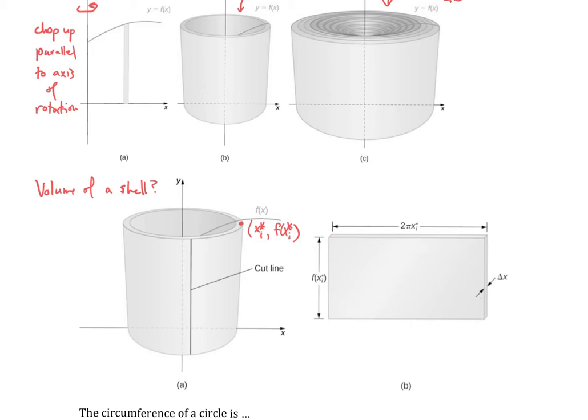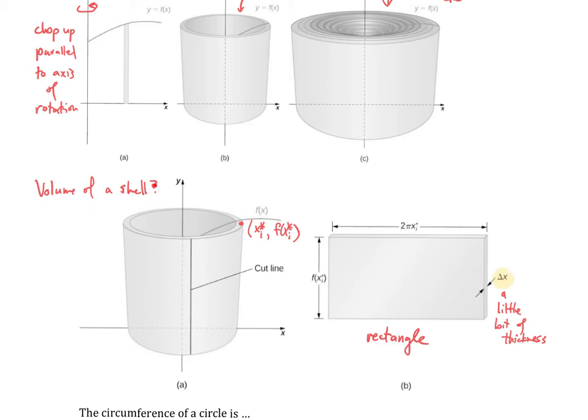And this rectangle has a little bit of thickness. Due to the way that we constructed things, this little bit of thickness lies on the x-axis. So that's why we have this dx here.